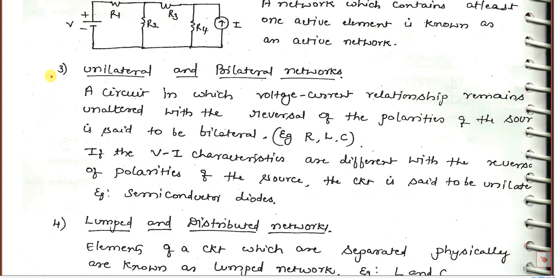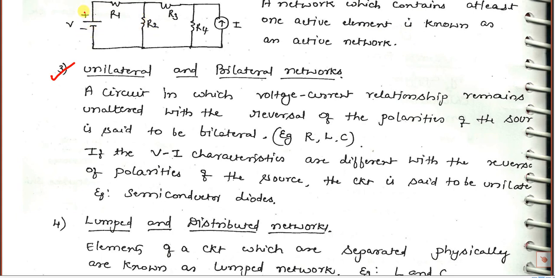Next definition, they may ask you, what do you mean by unilateral and bilateral? Because in the statements of theorems, we write "in a linear bilateral network". So what is the meaning of bilateral? A circuit in which voltage and current remain unaltered with a reversal of polarity of the source is said to be bilateral. Suppose this is a circuit, and some current is flowing through R2.